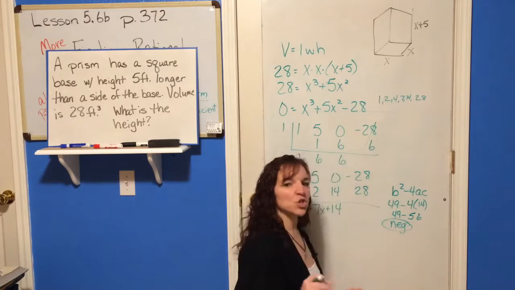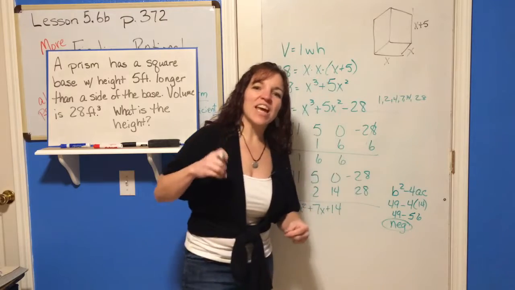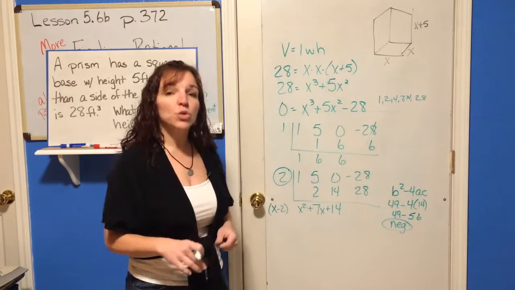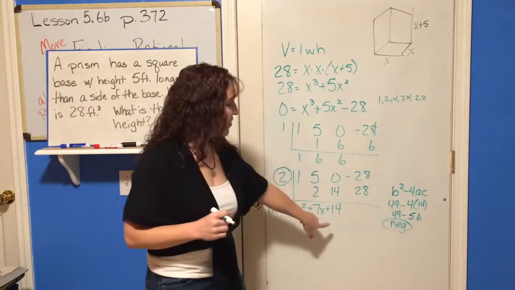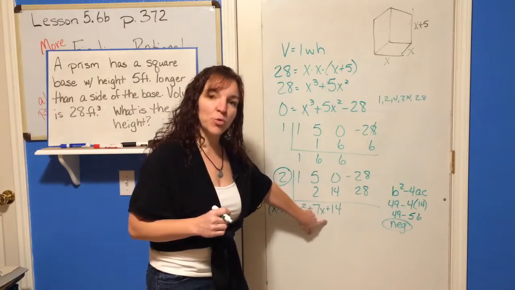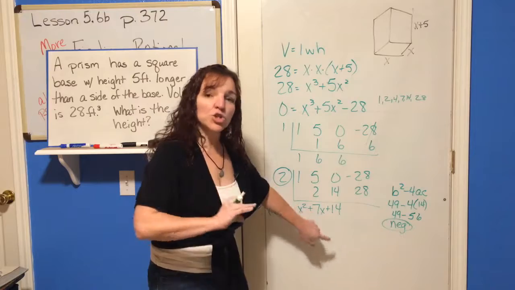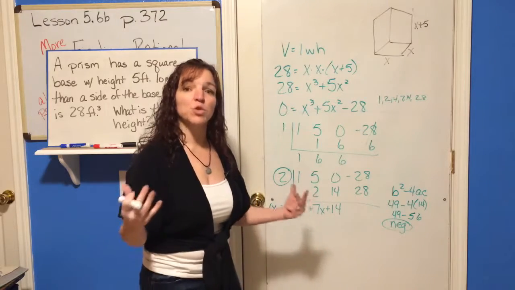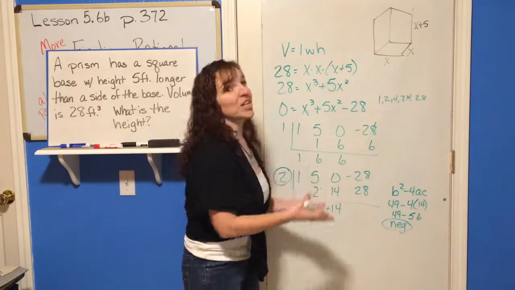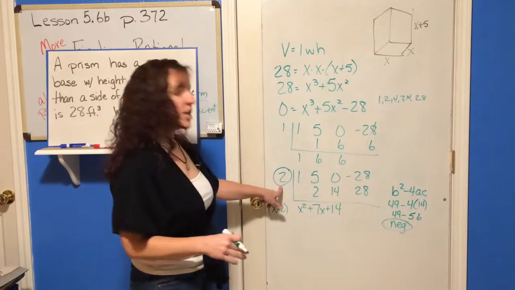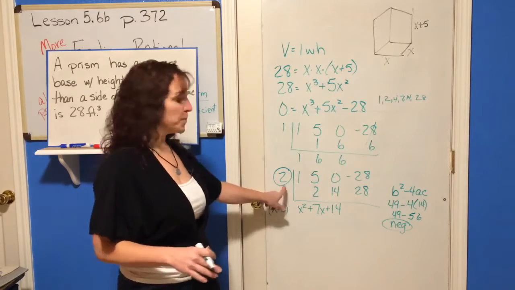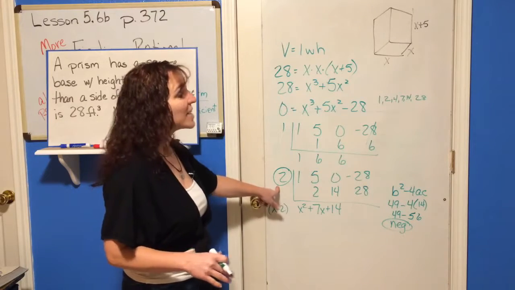If you have a negative discriminant, that means you have 2 imaginary answers. So both of the factors of this trinomial are going to be imaginary. So neither of those are going to be possible solutions to our problem because we're dealing with real, not imaginary. So 2 is the only answer we want right now. So 2 is our x.